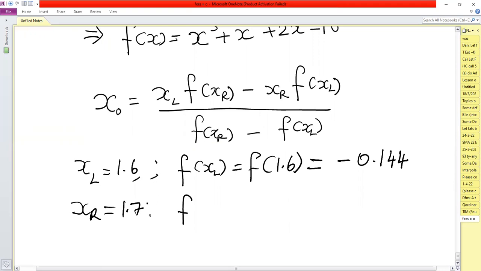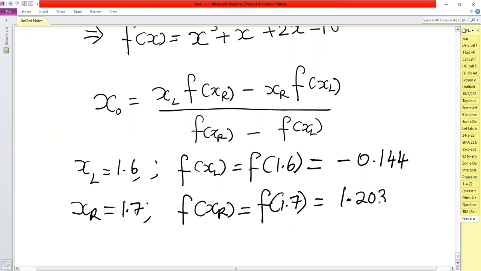Putting in for f of xr, the answer will be 1.203. Indeed, we expect a solution to be between 1.6 and 1.7 because this value is negative, this value is positive. So opposite signs guarantee a solution to be in that interval.